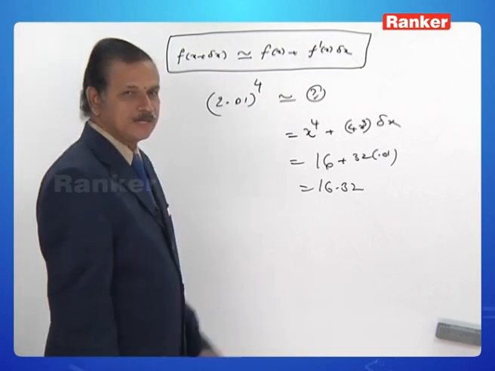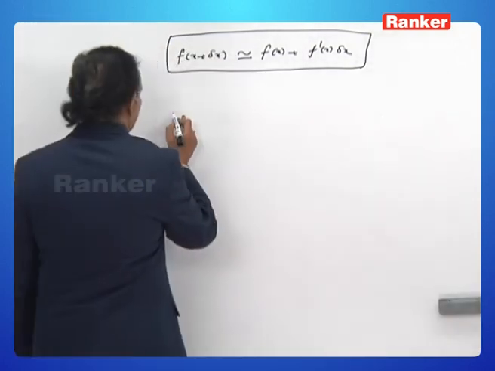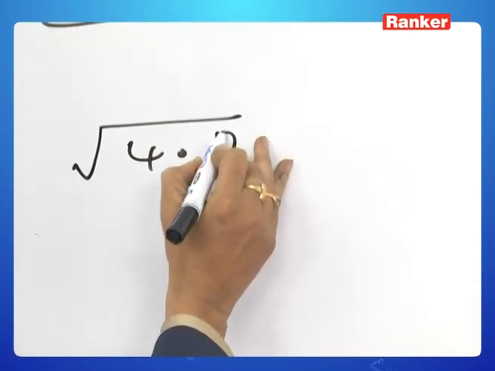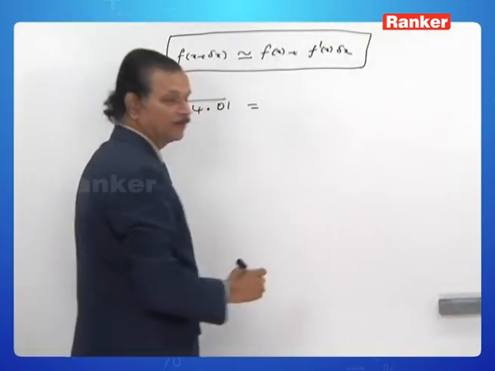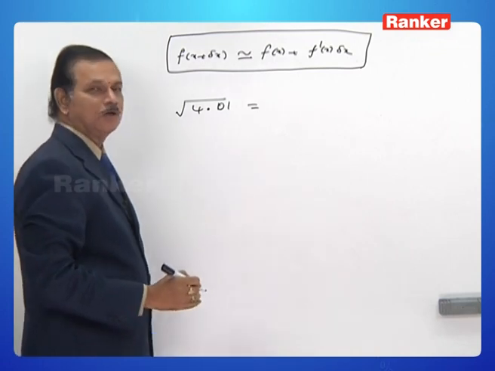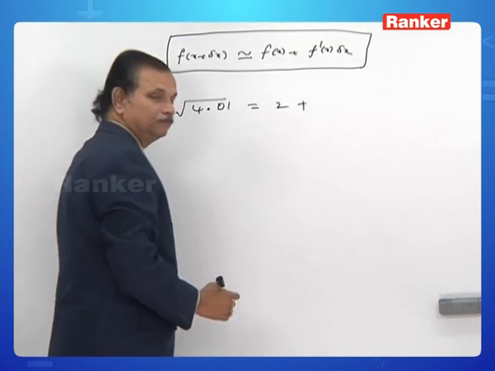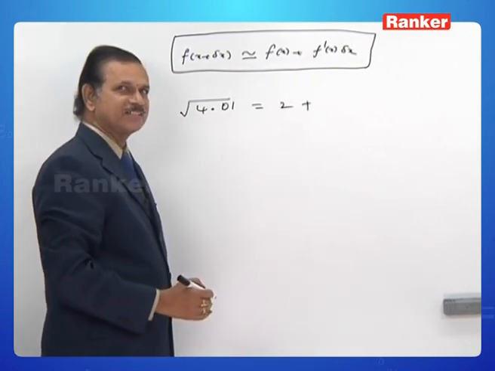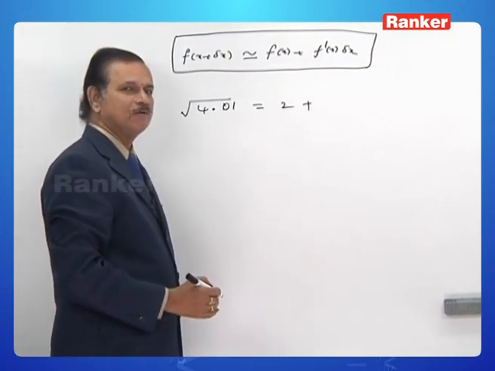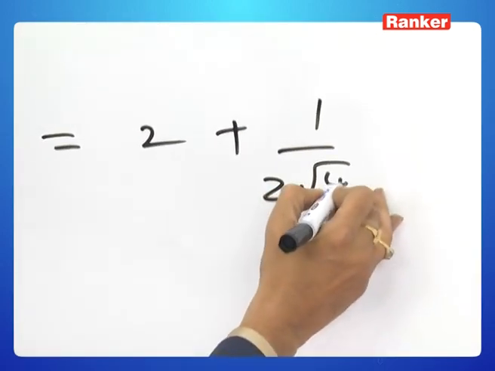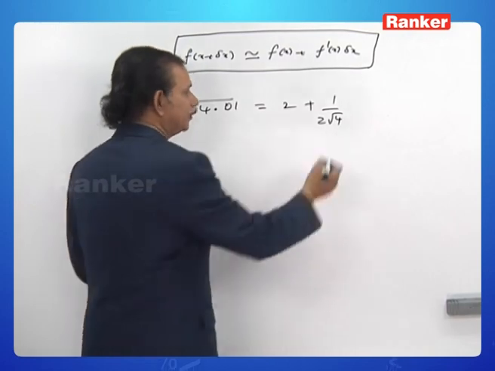Let me now calculate one more such thing. What is square root of 4.01? How does it look? Root x, root 4, 2 plus. f of x is root x in our mind. What is its derivative? 1 by 2 root x. 1 by 2 root x into delta x.